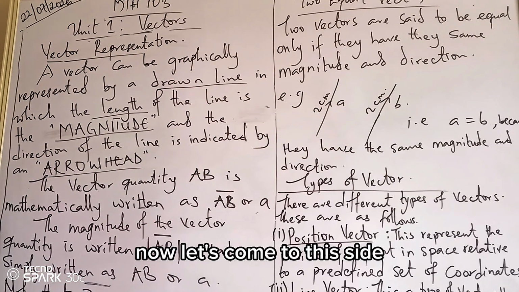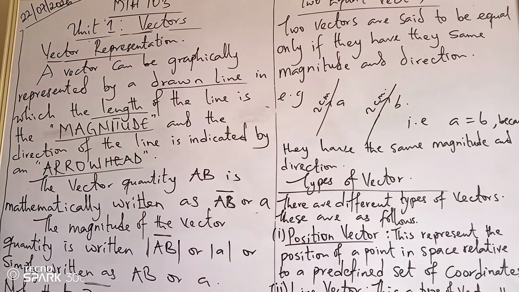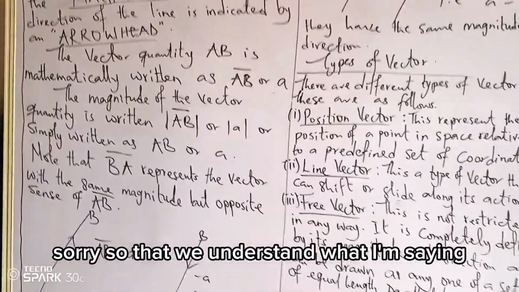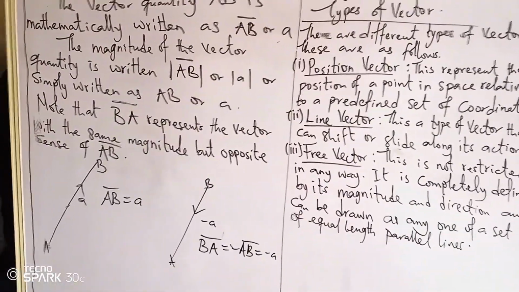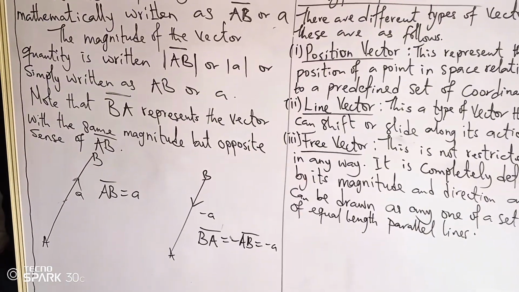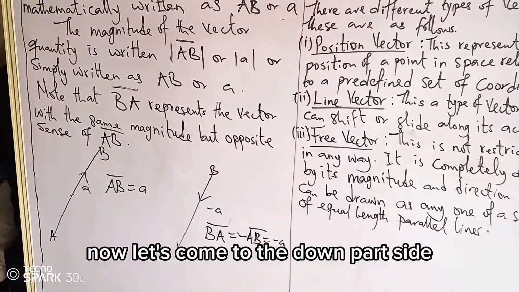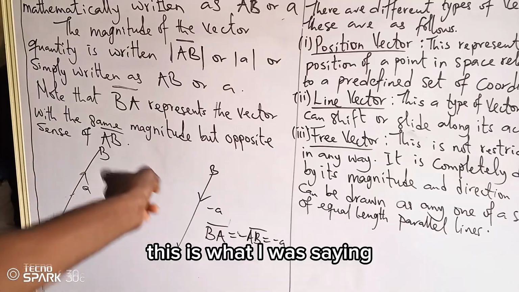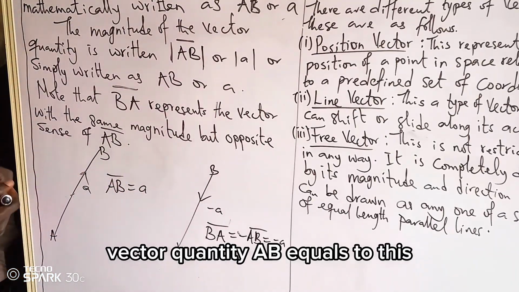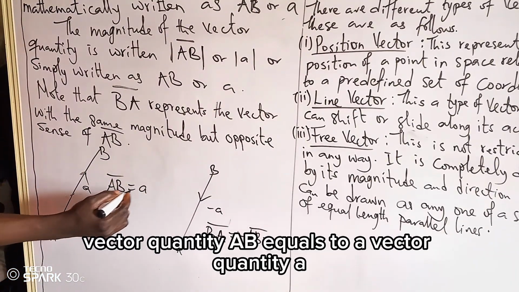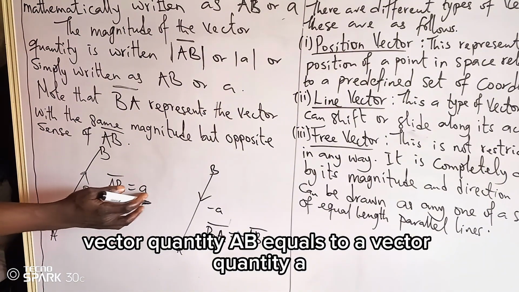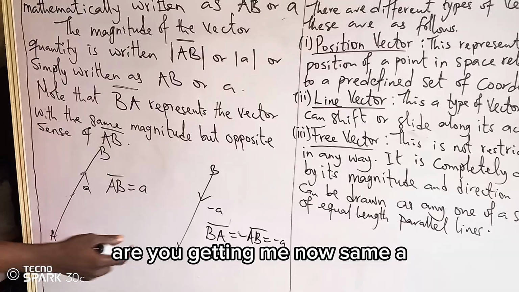Now, let's come to the down part side. Vector quantity AB equals vector quantity a. Are you getting it?